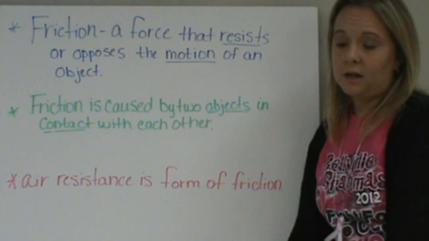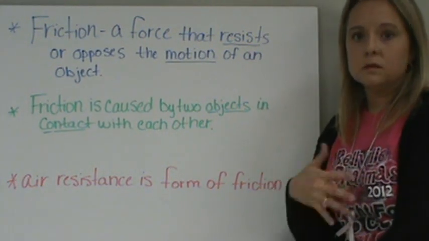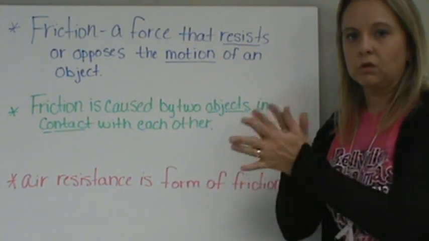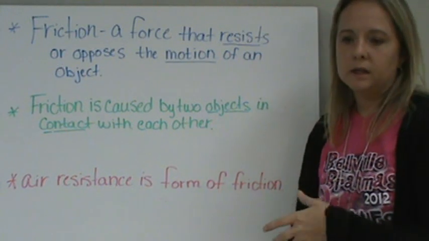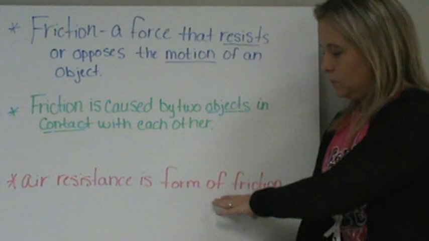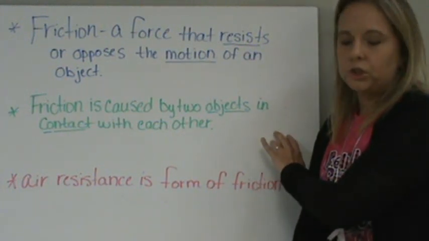Air is an object. It has mass and takes up space. And so air resistance is a form of friction between the molecules of the air and the object. We talk about this in class on occasion. We talk about how seeds can use this form of air resistance and the form of friction.